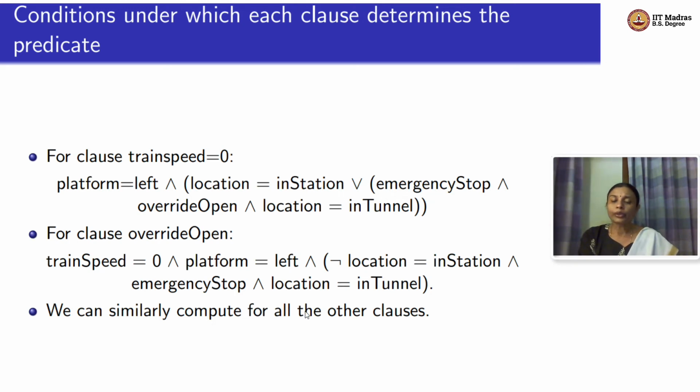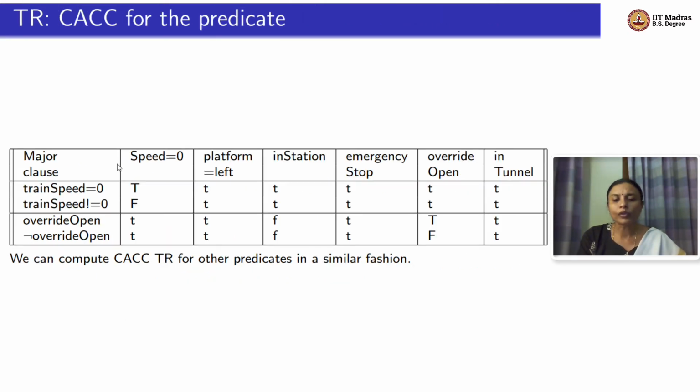So similarly, you can compute it for all the 6 clauses, with each of them taking turns to be the major clause. So this resulting formula will describe precisely the conditions under which the considered clause as a major clause will determine the predicate.